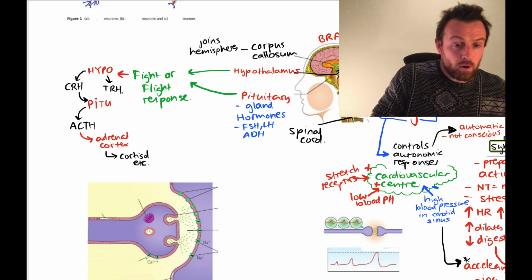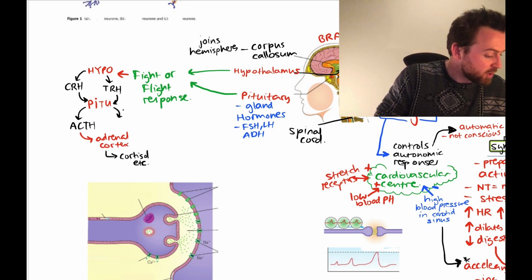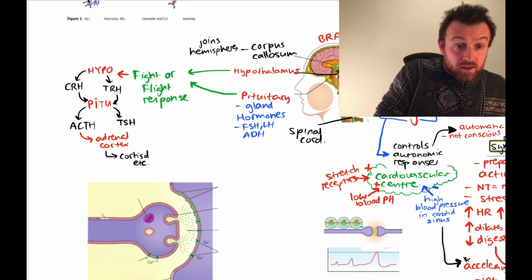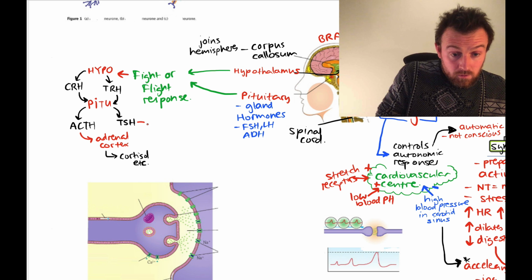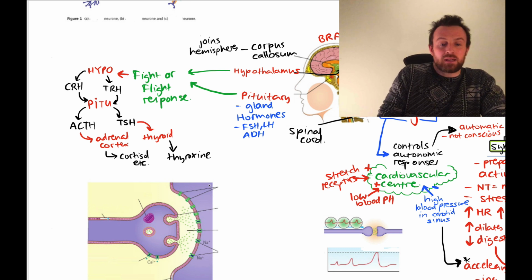Thyrotropin releasing hormone, and that goes to pituitary and causes it to release something called TSH, which is thyroid stimulating hormone, and that then goes to the thyroid gland, which causes it to release the hormone thyroxine, which speeds up metabolism, okay?